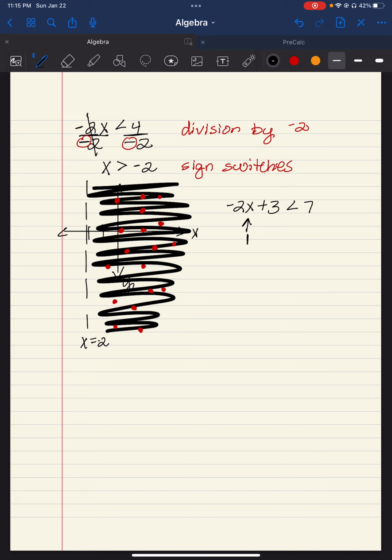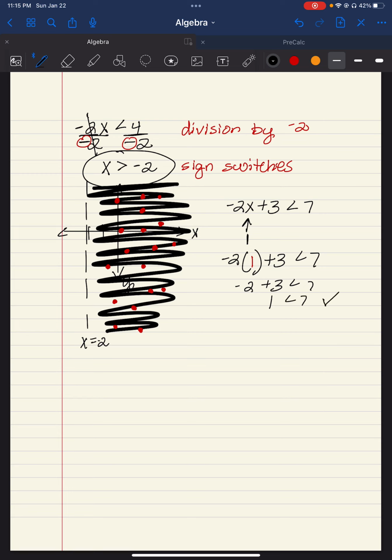So we get -2 times 1, plus 3 is less than 7. We're just going to show that this works. Any value for x will work as long as the x value is bigger than -2. Do the math and see what happens. -2 plus 3 is 1. 1 is less than 7.